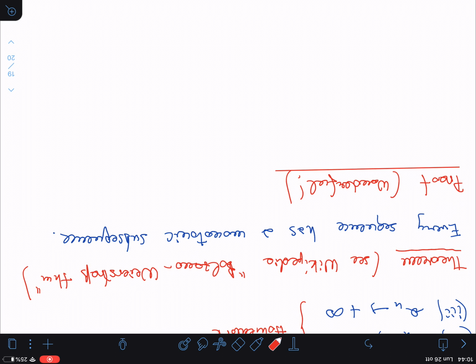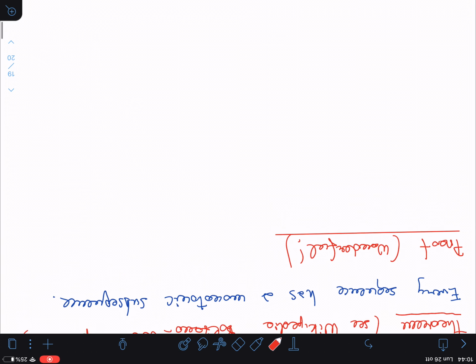And the proof says, okay, first, a picture. Because if you understand the picture, then the proof is really just a description of what happens in the picture. Consider a sequence portrayed as a graph.